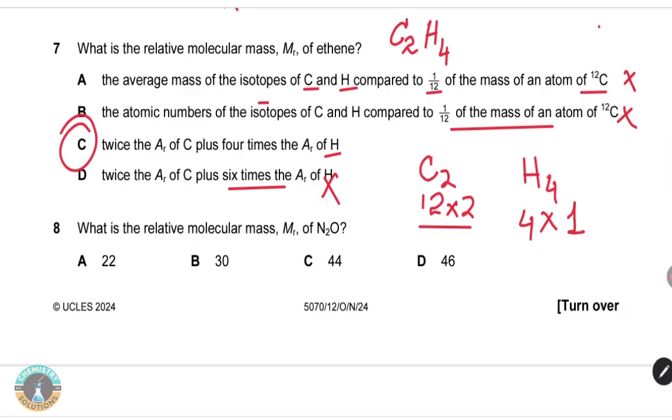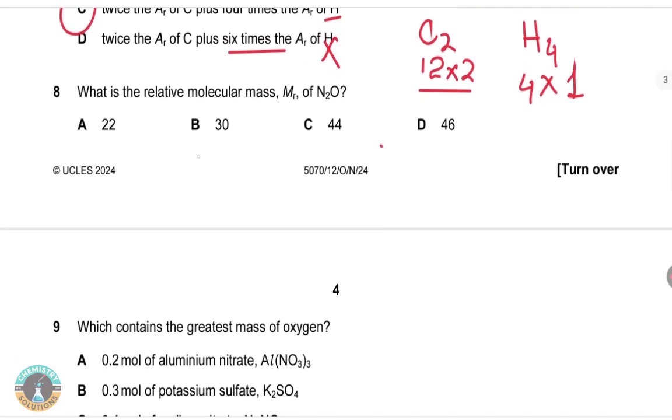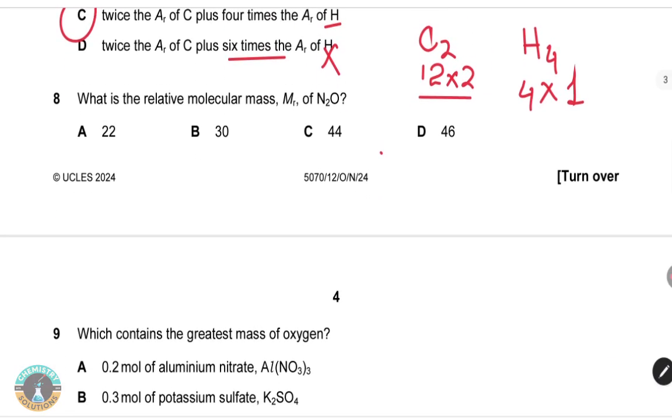What is the relative molecular mass of N2O? We can calculate it.